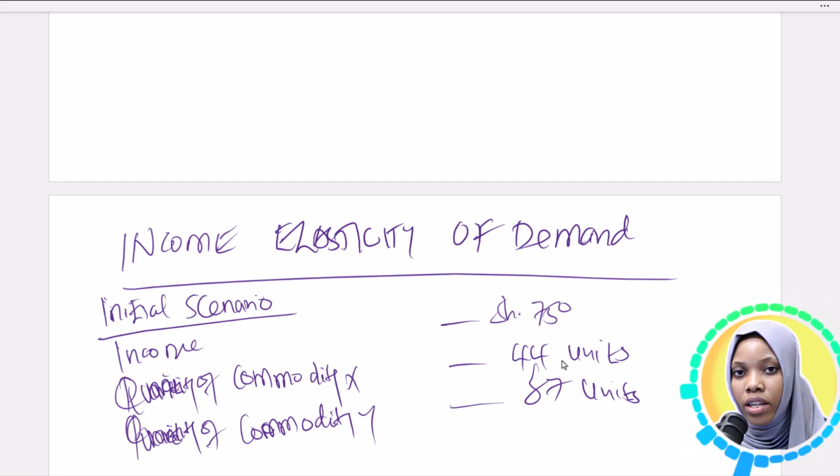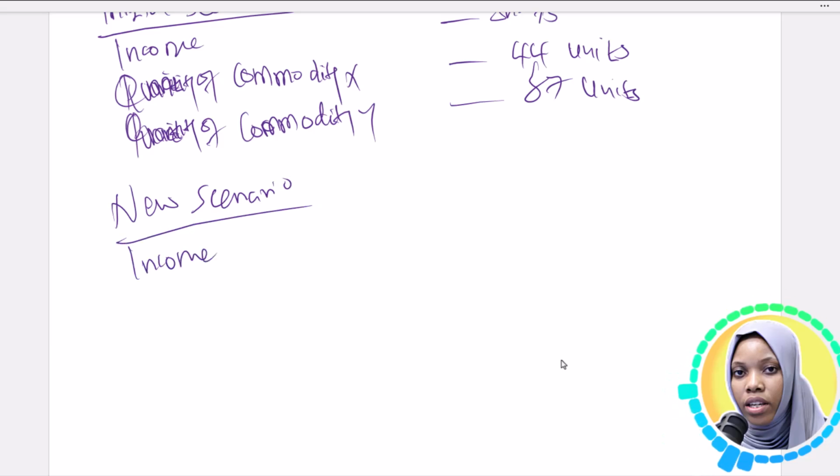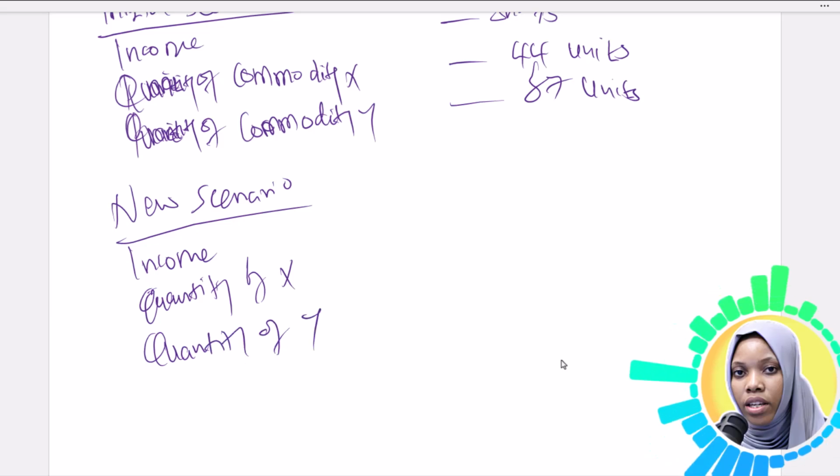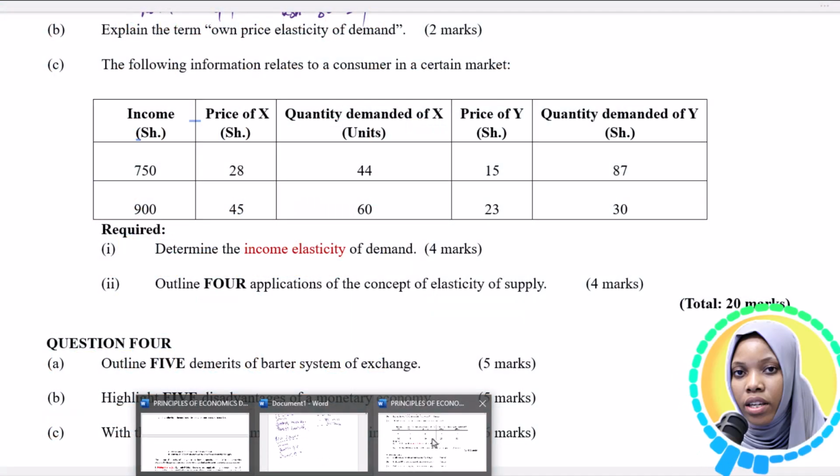And then let's go to our new scenario now. New information that we have been provided. We still have the income, the quantity of X, and the quantity of commodity Y. The income is 900, and the quantity of X is 60, and quantity of Y is 30.